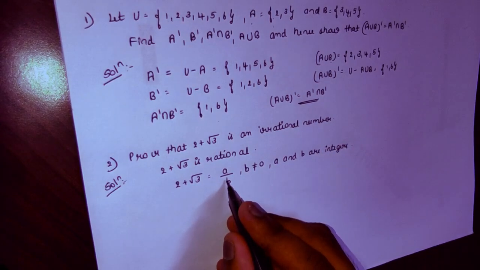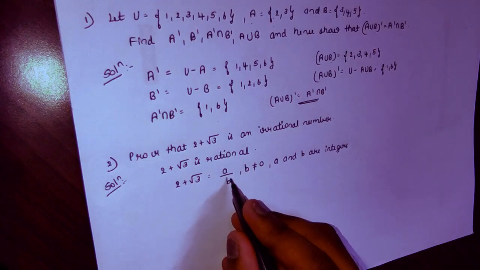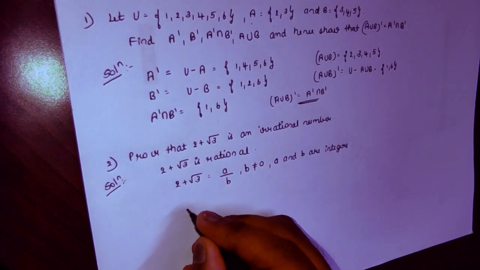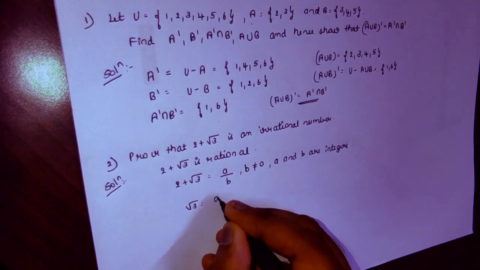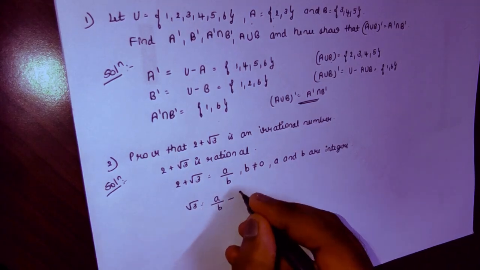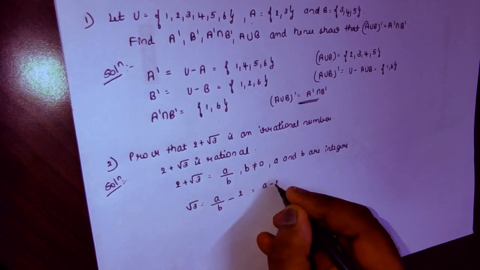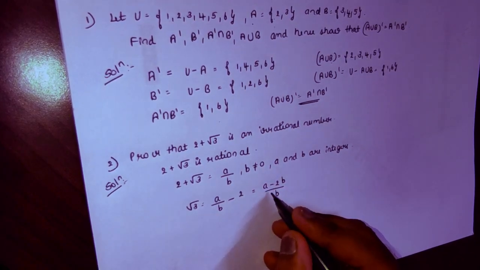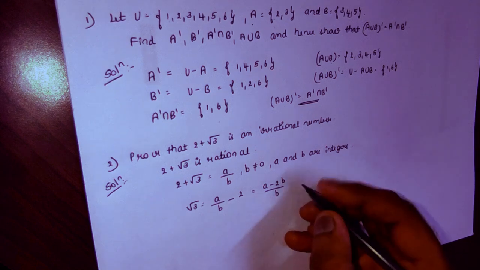This becomes root 3 is equal to a by b minus 2, that is equal to (a minus 2b) by b. Now (a minus 2b) by b is rational.